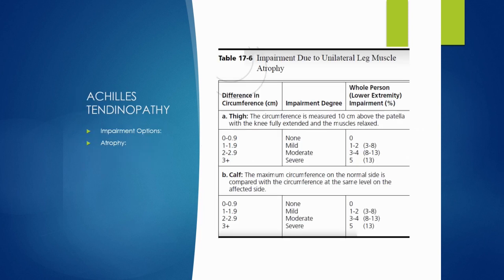And then similar to our patellar tendinopathy cases, our Achilles tendinopathy cases will also qualify for permanent impairment due to atrophy and also due to loss of muscle strength.